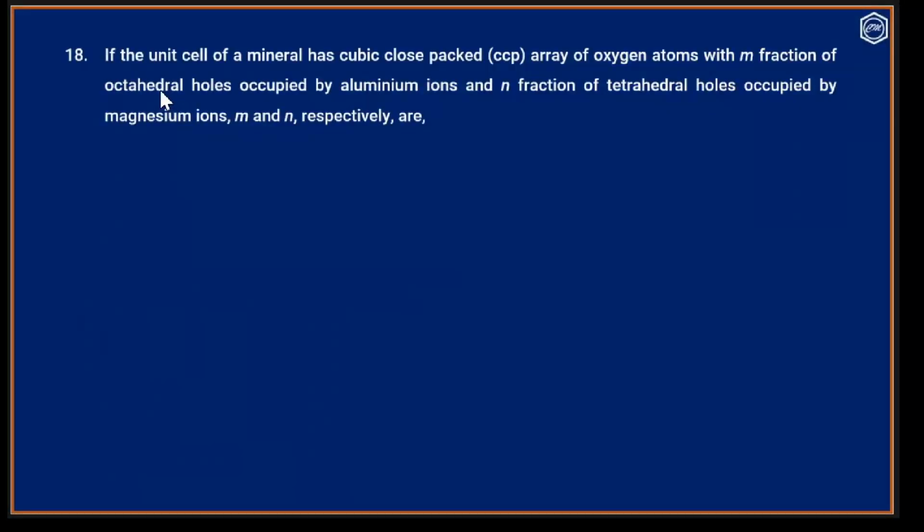Question 18. If the unit cell of a mineral has cubic close packed array of oxygen atoms with m fraction of octahedral voids occupied by aluminum ions and n fraction of tetrahedral holes occupied by magnesium ions, m and n are respectively: 1, 1 by 2, 1 by 8, 1, 1 by 4, 3, 1 by 2, 1 by 2, 4, 1 by 4, 1 by 8.